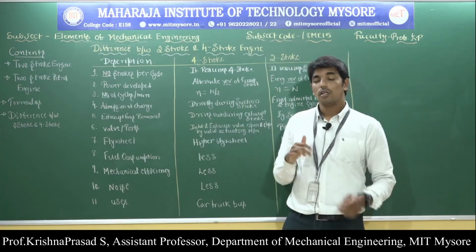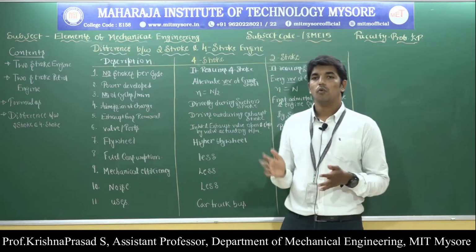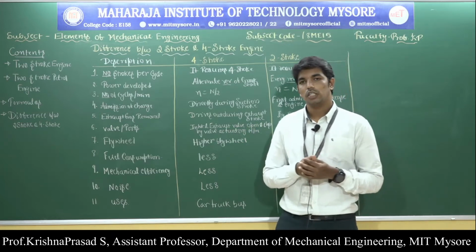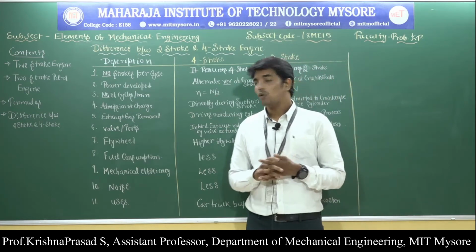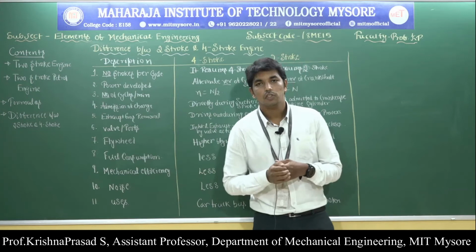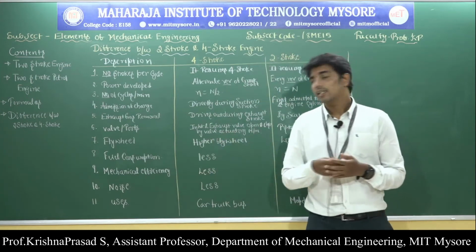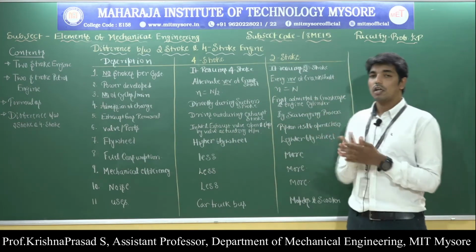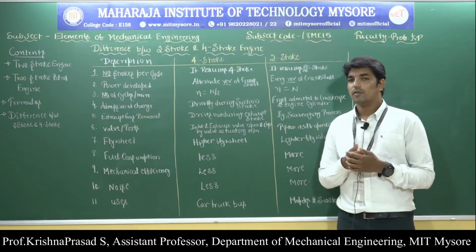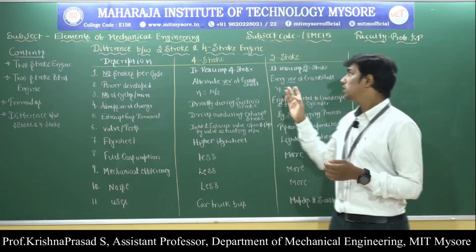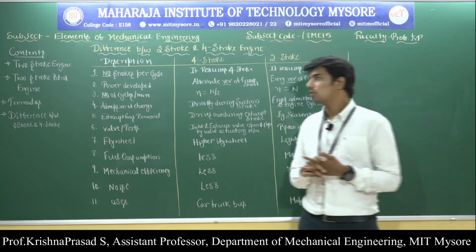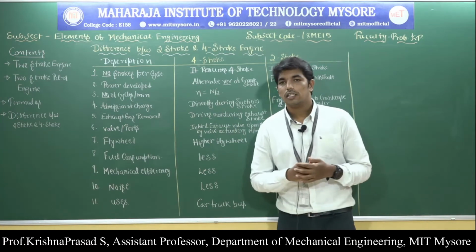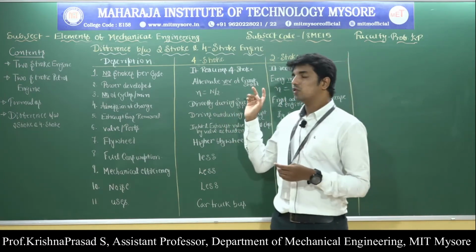Apart from that, what are the other differences between the 4-stroke engine and the 2-stroke engine? That is also very important. So we have listed some descriptions, the parameters on which we are going to differentiate the 4-stroke engine and the 2-stroke engine.